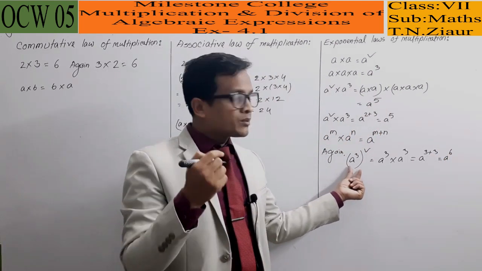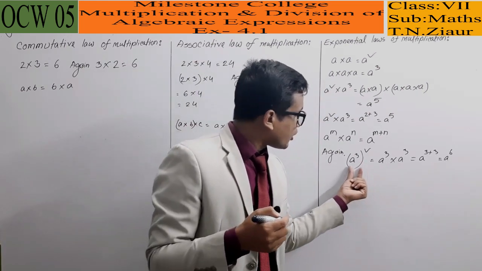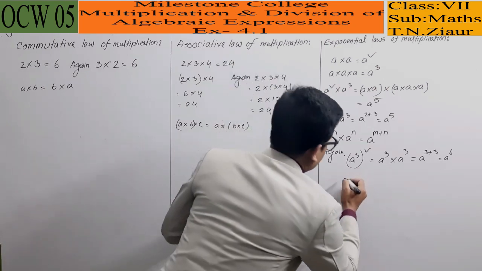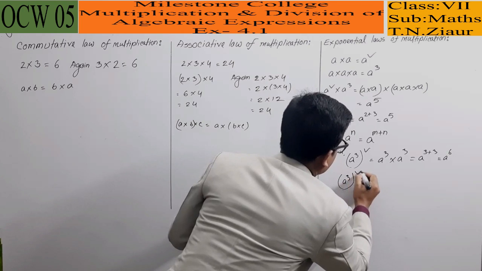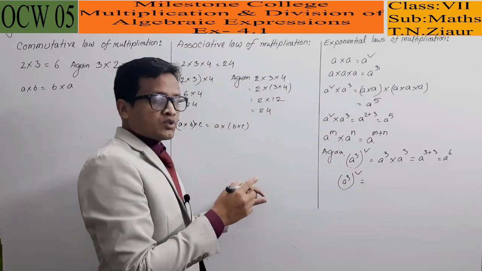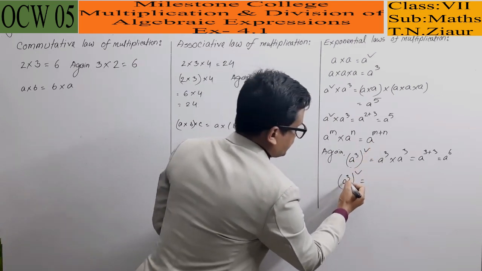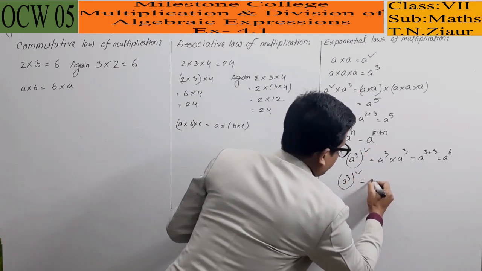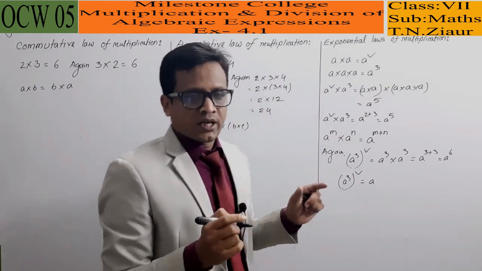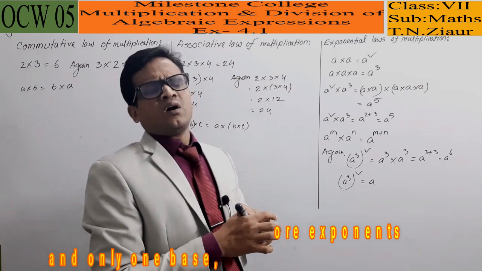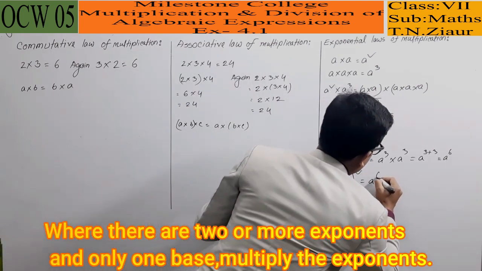So in only one base you can simply solve like this. When you get a cube whole squared, here there are two bases but the same; when you get it in only one base, it will be 3 into 2, or 6. Just multiply the exponents. So when there are two or more exponents on only one base, at that time you have to multiply 3 into 2, that means 6.